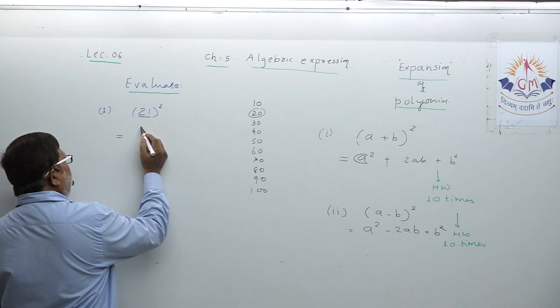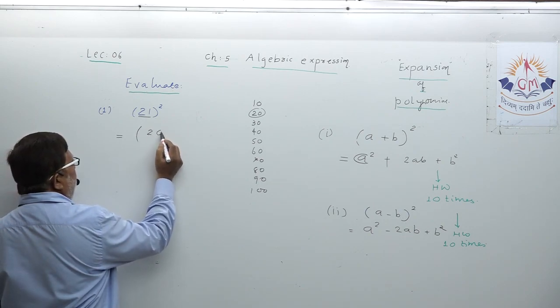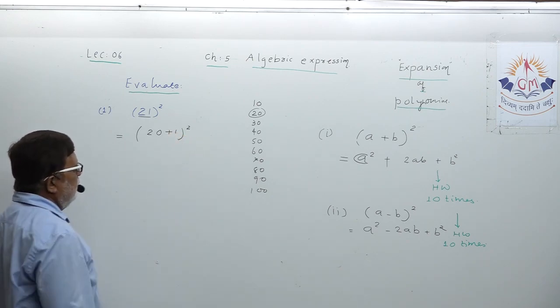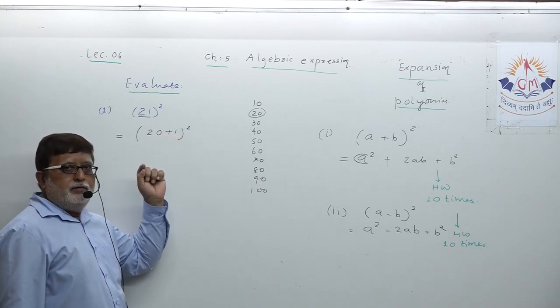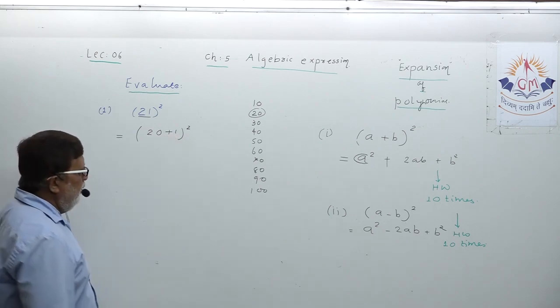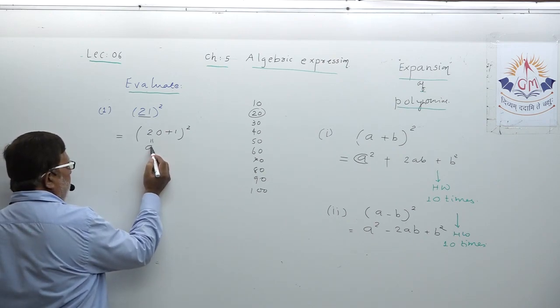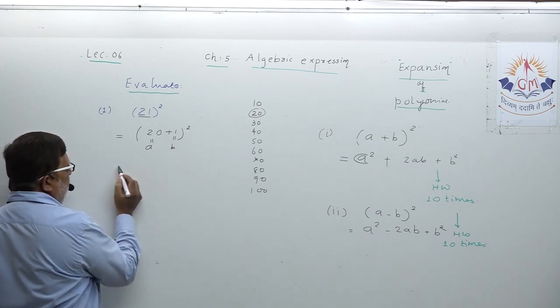So I am splitting 21 as 20 plus 1. Okay. Now it is looking like a plus b whole square, where 20 means a, 1 means b.